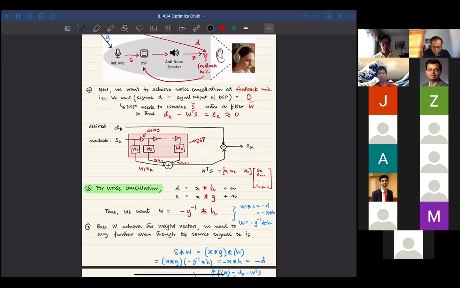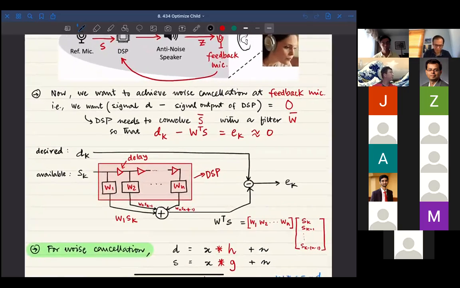We said that dk minus w transpose s equals ek. I understand what you're going for, but I was wondering why we chose a minus instead of a plus, because usually, whether interference is constructive or destructive, we represent it as a plus. Is there a reason we did minus?